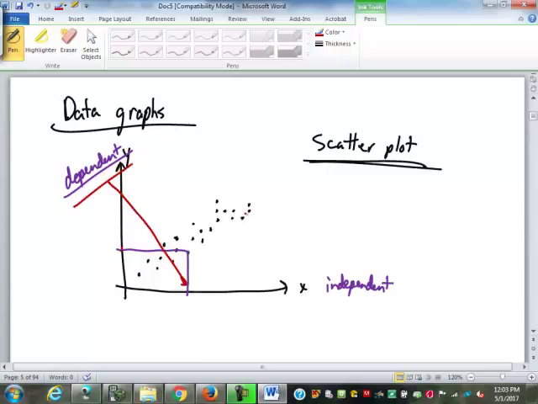Well, that makes it sound like it's totally determined by that, and that's not true. The value of this dependent variable is influenced by the x-coordinate of that point. Not totally determined by it; it can vary slightly from that.